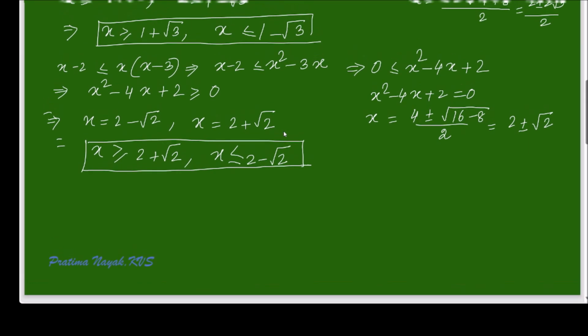So this will be the second pair of values. Now combining these two: one is x greater than 1 plus root 3, x less than 1 minus root 3, and here x is greater than 2 plus root 2 and x less than 2 minus root 2.